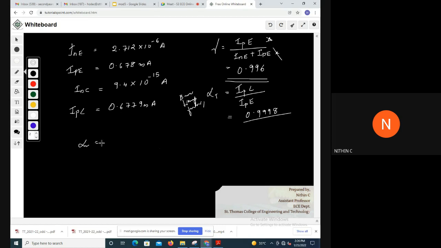Current gain means output current by input current, that's it. Yes, common base. The current gain of the common base configuration is what we call alpha. Common base configuration, you know that I need not draw that again.